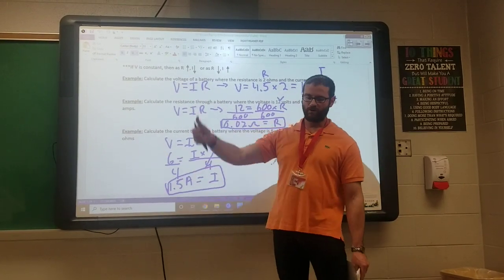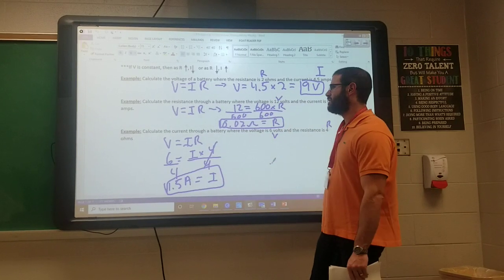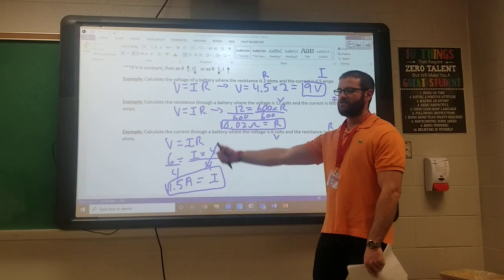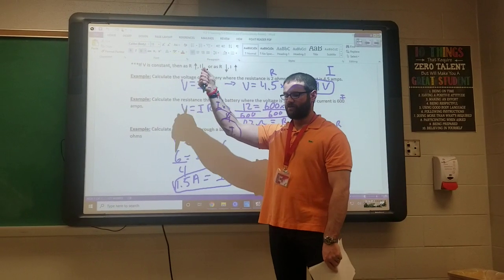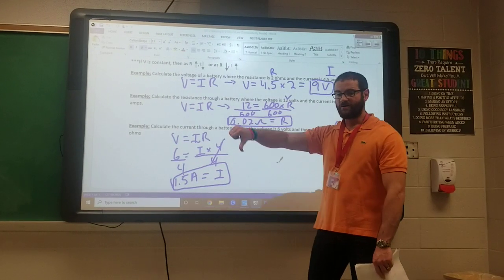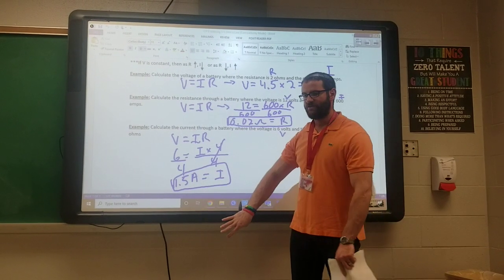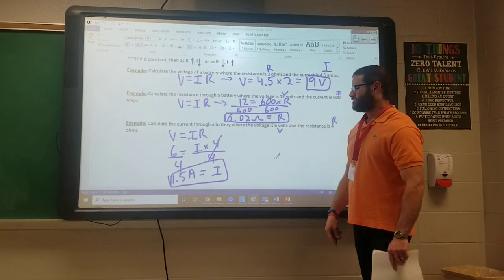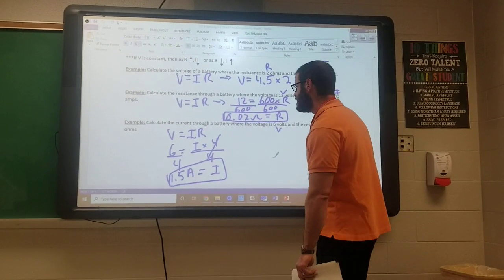As I increase voltage, that increases the amount of current that can flow. If I keep voltage constant and increase the resistance, so increase the restriction, I'm going to have less current. If I decrease resistance, so less restriction, I'm going to have a higher current, more current can flow. So just remember that relationship as well.